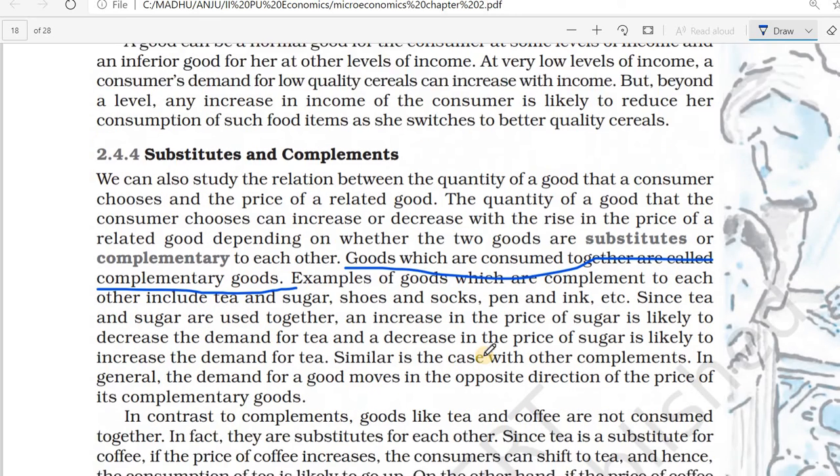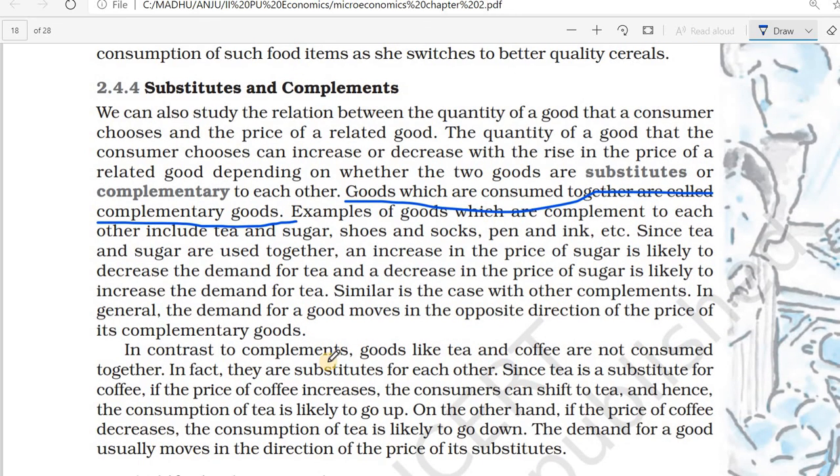And what then are substitute goods? Means tea and coffee. Instead of tea we can use coffee. If tea price is more, that time consumer can shift to coffee. If coffee price is more, consumer can shift to tea. Like that product we can call it as substitute goods. Means instead of that product we can use this product.